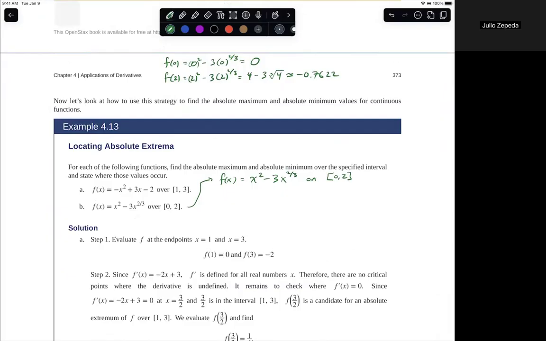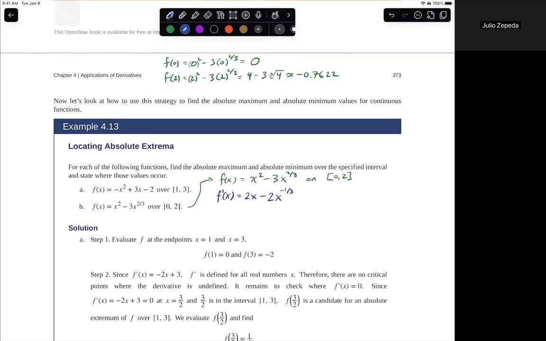So we've evaluated f at the endpoints. Now, we know the absolute maximum and absolute minimum could occur at critical points, so we should also find the critical points. That requires us to find the derivative. The derivative is 2x minus 2x to the negative 1/3.